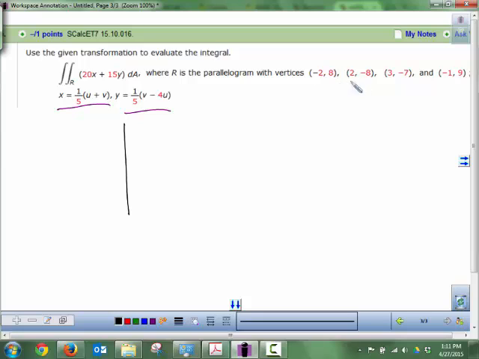Do I need negative? I need negative x's and y's. Negative 2, comma 8. Positive 2, comma negative 8. 3, comma negative 7.